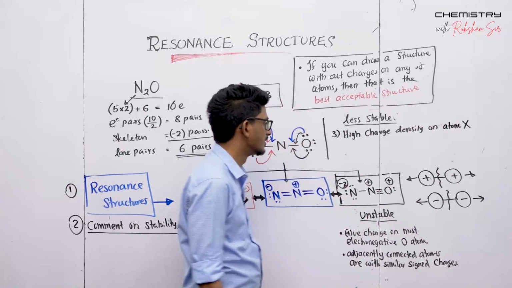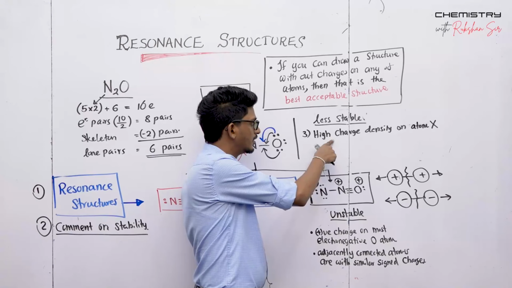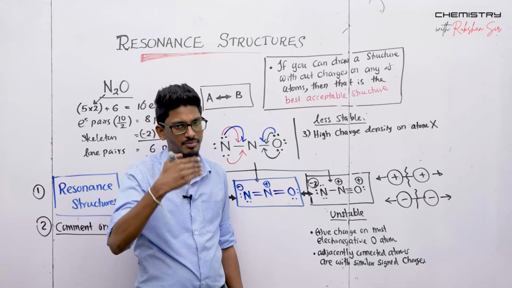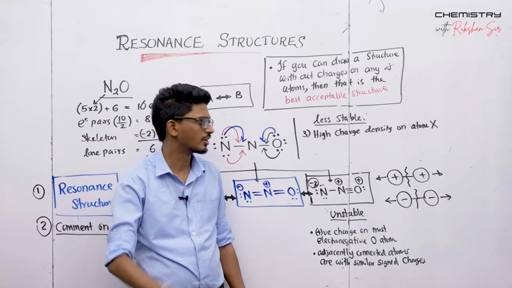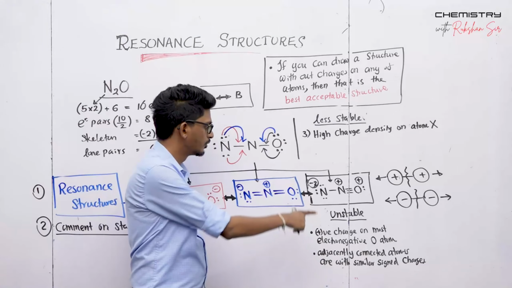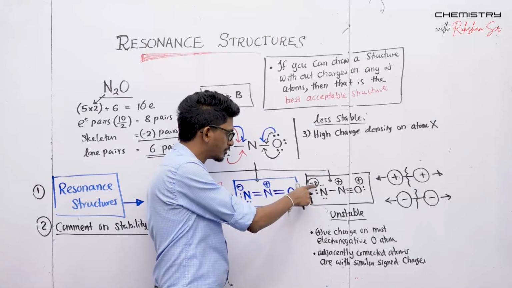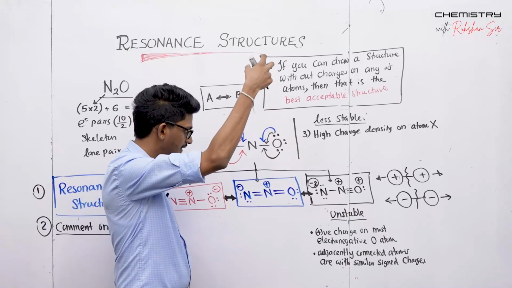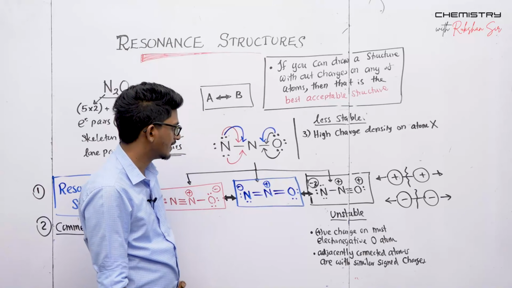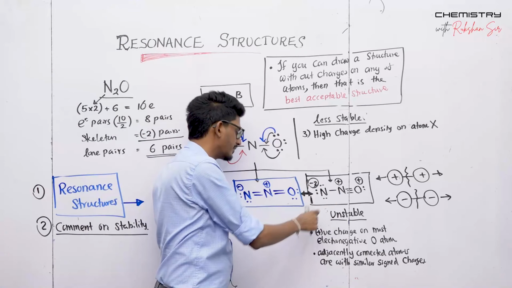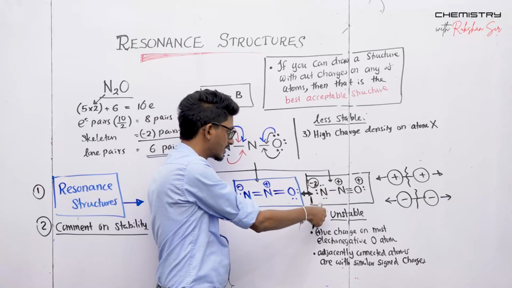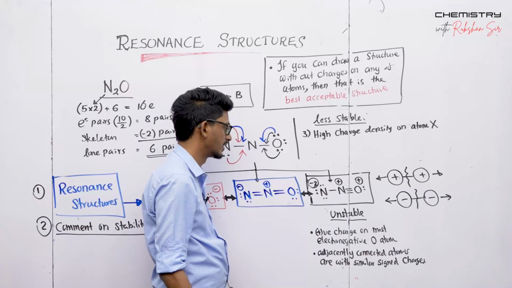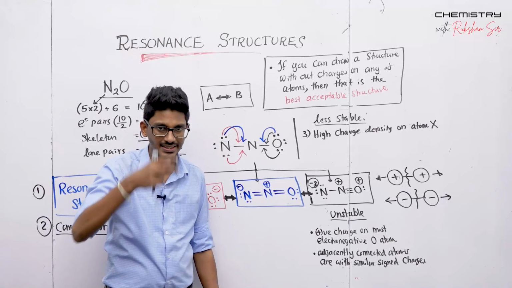This comment will be written when you have more than 1 unit of charge, that means -2, -3, +2, +3 kind of a charge on an atom. Here also we can see more than 1 unit of charge, but we can't comment this as less stable because we are going in order. This structure is considered unstable. So we can't comment it as less stable. It is unstable already, right? We have to consider the points in order.